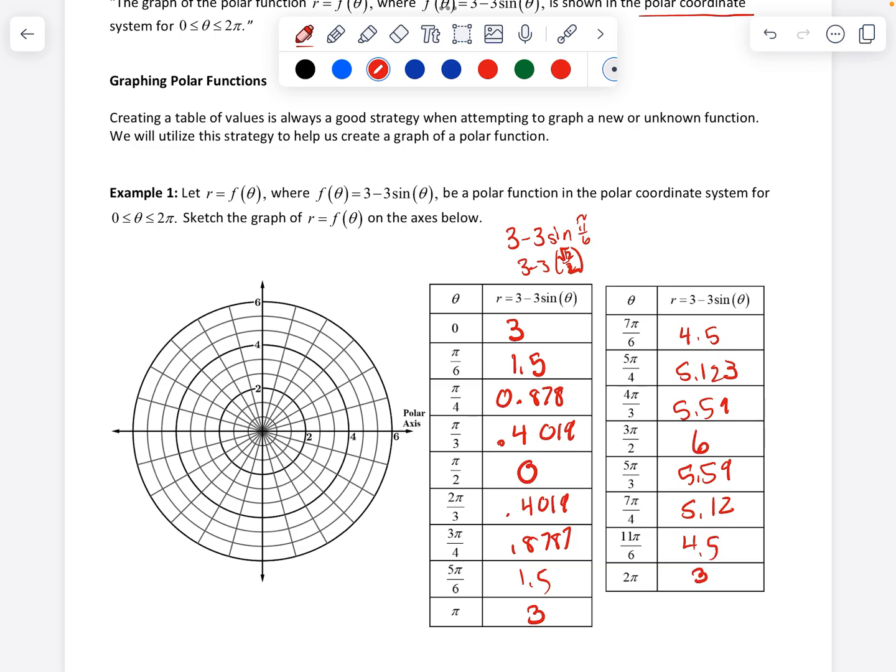And then you could graph this. So again, our angle and our radius. So 0 and 3. All right, pi over 6 and 1.5.